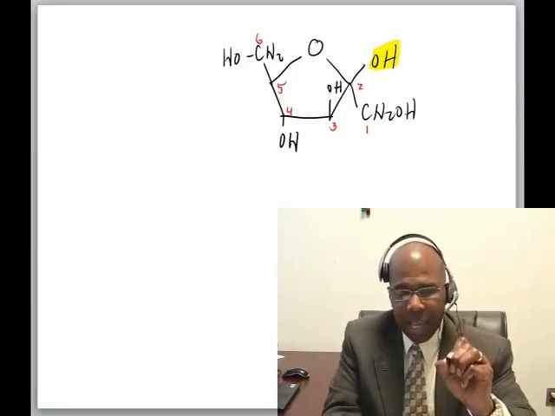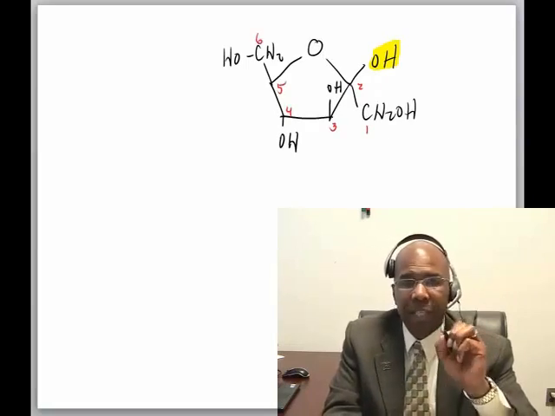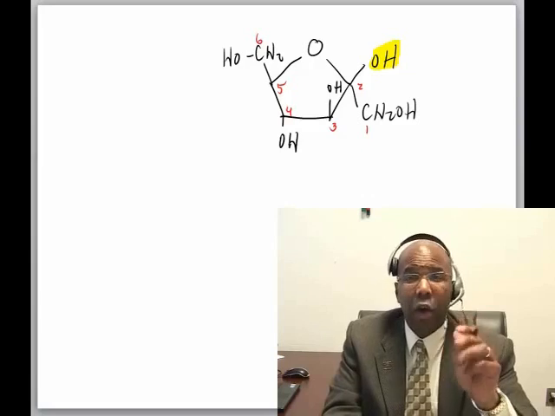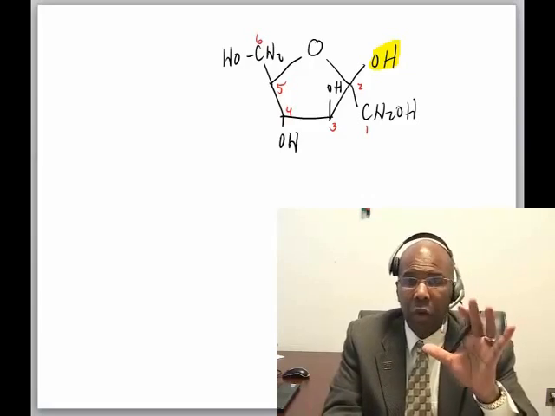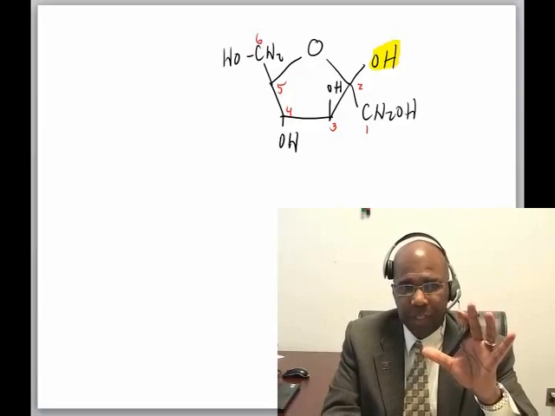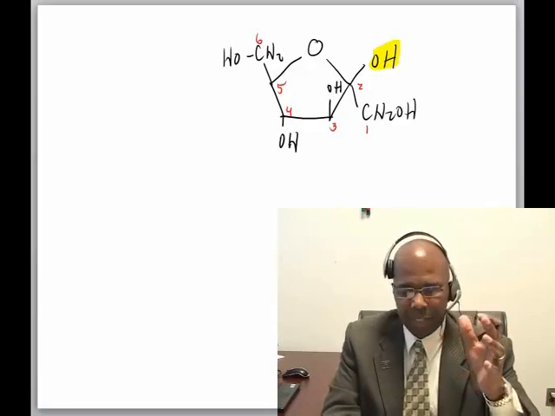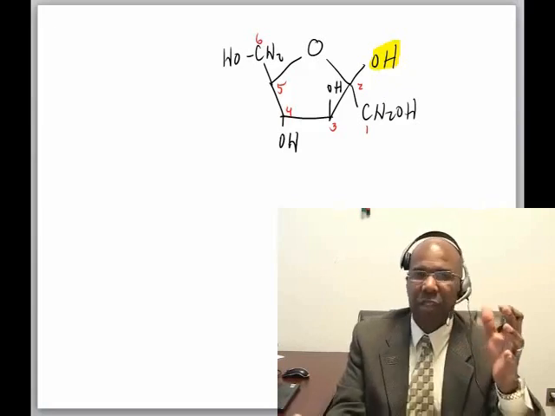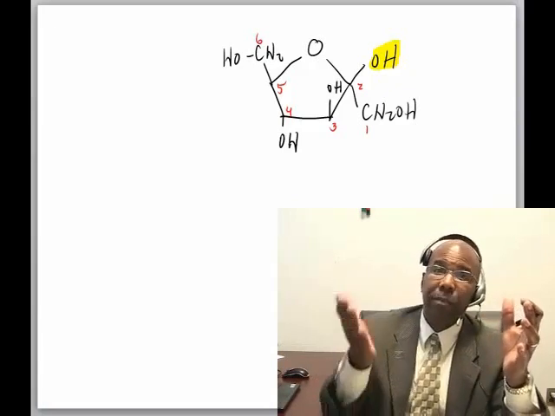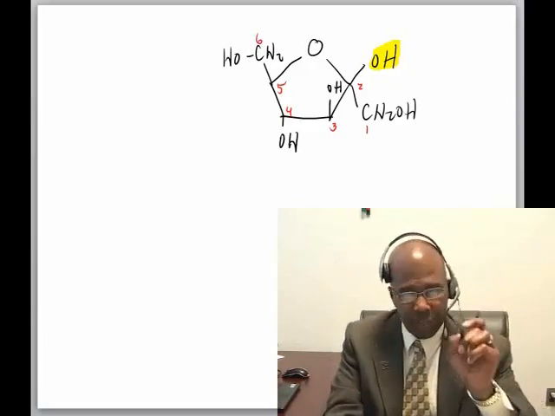So it's the highlighted 2-hydroxyl. That's the one that's going to serve as our alcohol for this glycosidic bond. And so that means that fructose is flipped the wrong way. It needs to be flipped over. So let's flip it over.